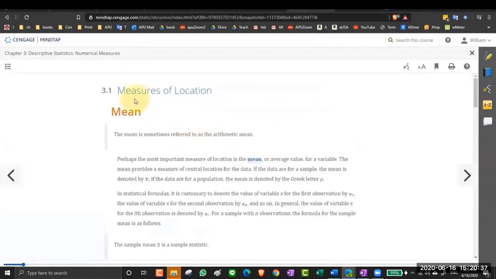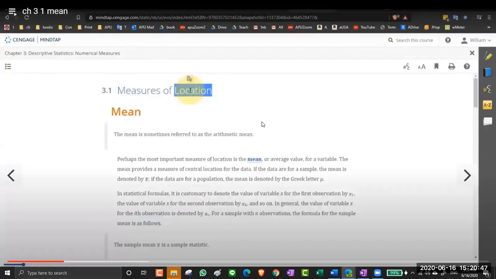These are all called measures of location in Chapter 1. I prefer to call it measures of center, measures of the center of data. The mean and the median, for example, both measure the center of the data.